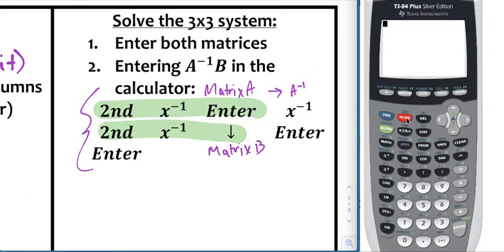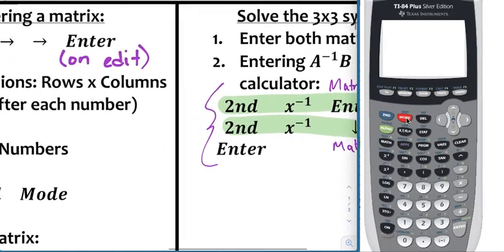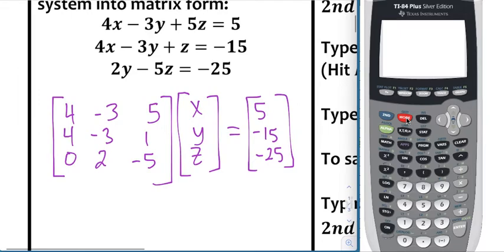Okay, so when I want to solve a system, I have to first enter both of my matrices, and then really all we're doing to solve the system is we're going to do A inverse B. Well, the reason we do that is because when I set it up originally, here would be our A and our B. And so in order to solve, we would always do the opposite. All right, so I would go opposite of A onto both sides in order to get X, Y, and Z by themselves.